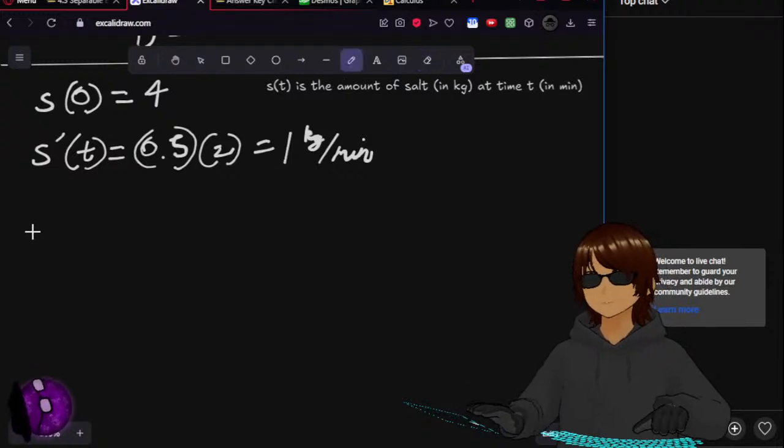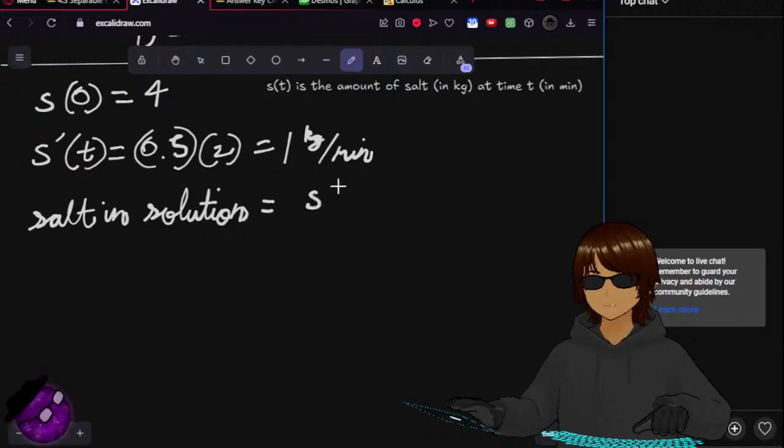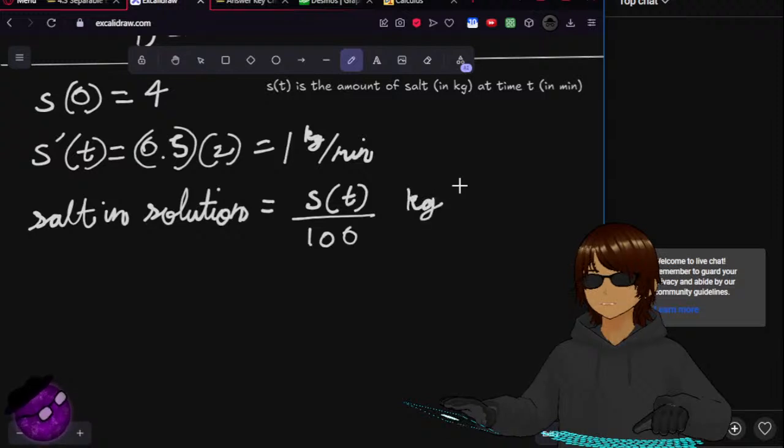So the salt in solution is equal to the amount of salt in kgs inside the solution divided by 100 liters, kg per liter.